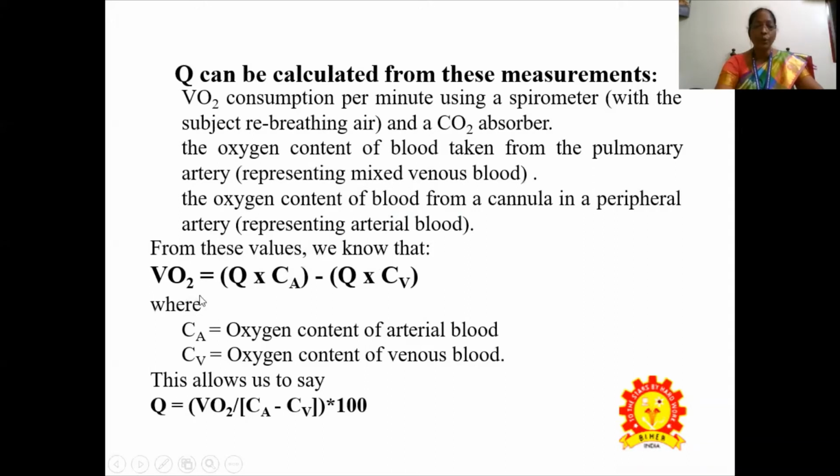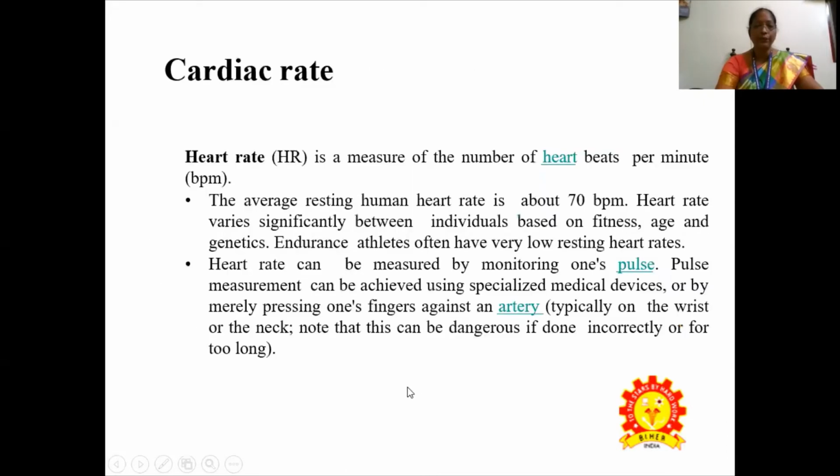From this, VO2 is equal to Q into Ca minus Q into Cv. What is Ca and Cv? Ca is the oxygen content of the arterial blood and Cv is the oxygen content of venous blood. This allows us to say Q is equal to VO2 by Ca minus Cv into 100 gives a percentage of Q.